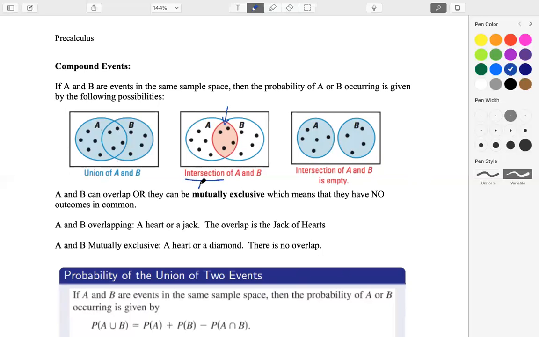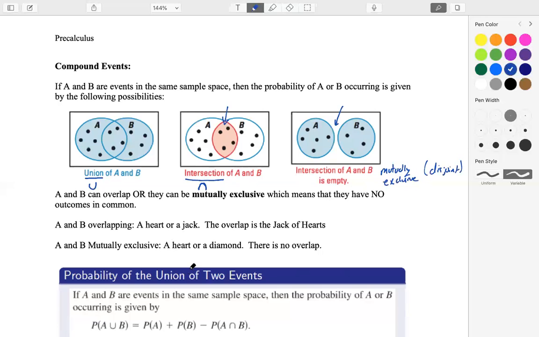And it's sometimes abbreviated with this upside down U, okay? When I'm finding the total of both of them, including that intersection, that's called the union, and that looks like a U. If there's no overlap, these are called mutually exclusive events. Okay, or sometimes known as disjoint events.